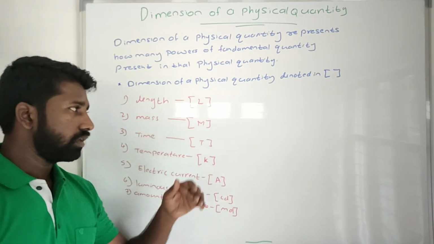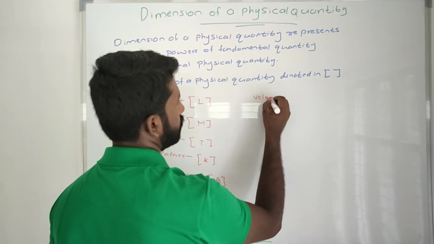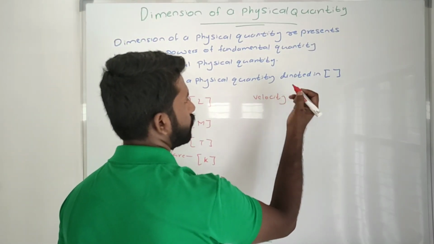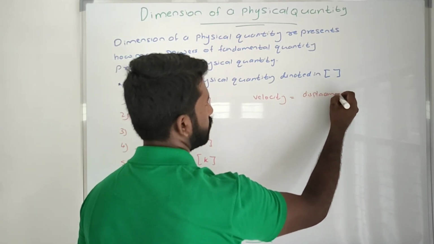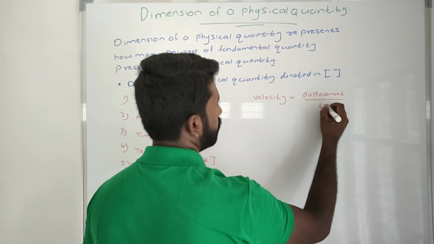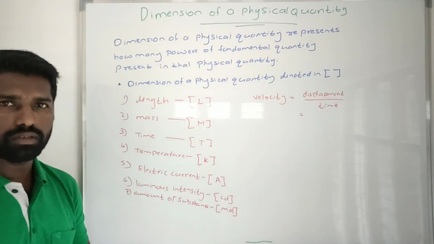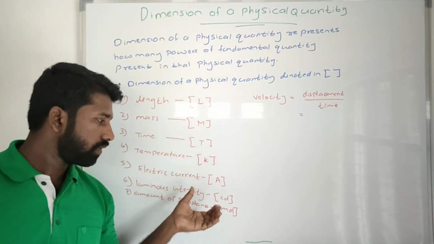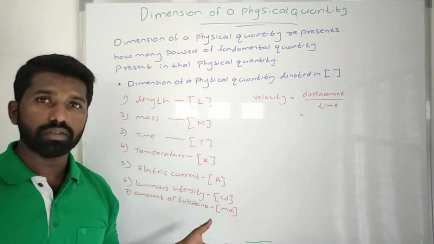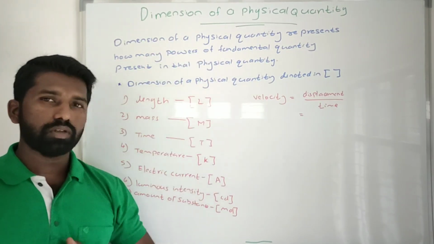First we will see velocity. What is the formula? Displacement by time. By using these 7 symbols, we can write the dimension.